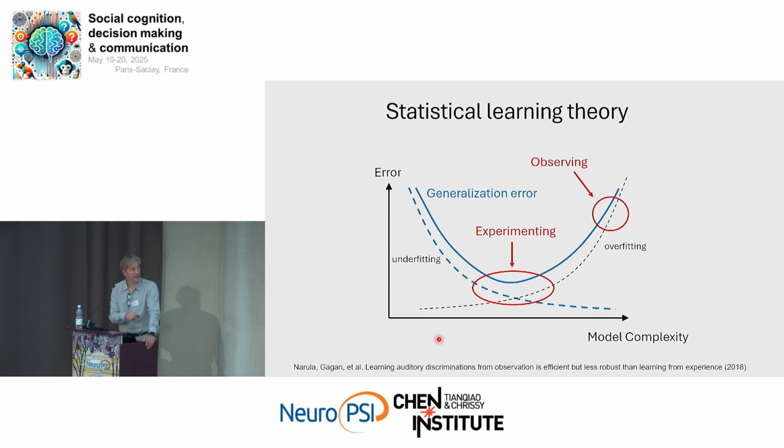What I really like about this experiment is that the experimenters and observers had the exact same stimuli, right? They both had the same number and the same kind of statistics of both the stimuli and the air puffs. The only difference was that the experimenters experienced the air puffs on their body, whereas the observers did not. So we are led to conclude, as a hypothesis for future work, that maybe to experience the outcome of your actions, like an aversive air puff, is something that regularizes your learning process.